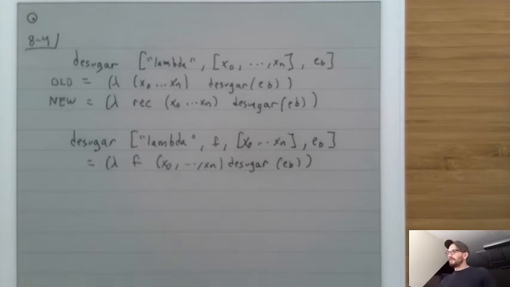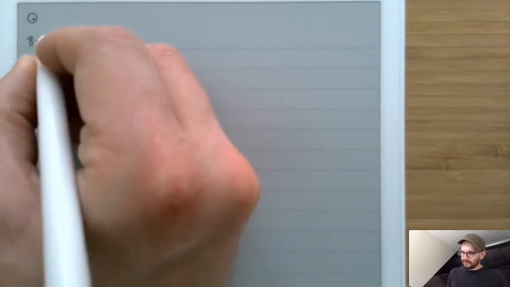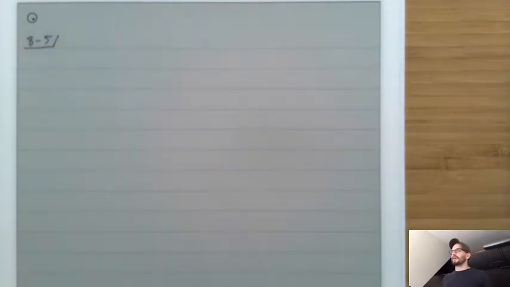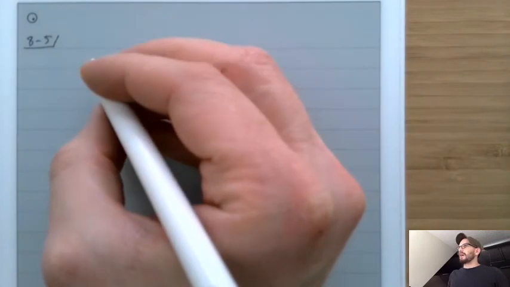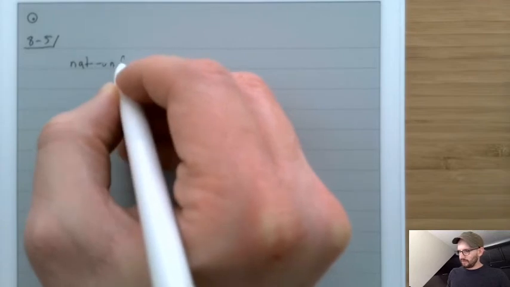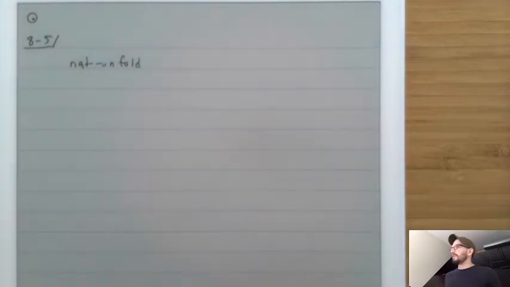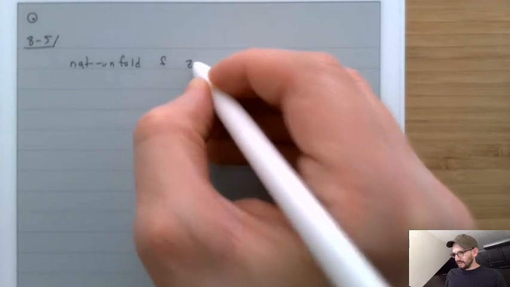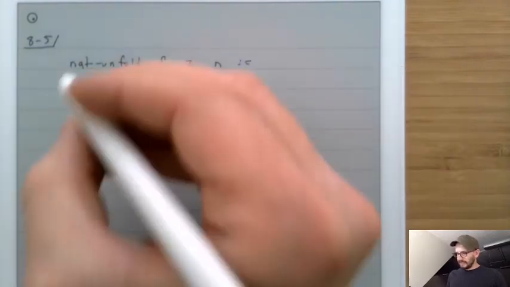Now, once we have recursion like this, we can start building lots of useful functions. Like, for example, we can build functions that do things a number of times. So, for example, we could write a function called nat unfold f z n that looks like this.